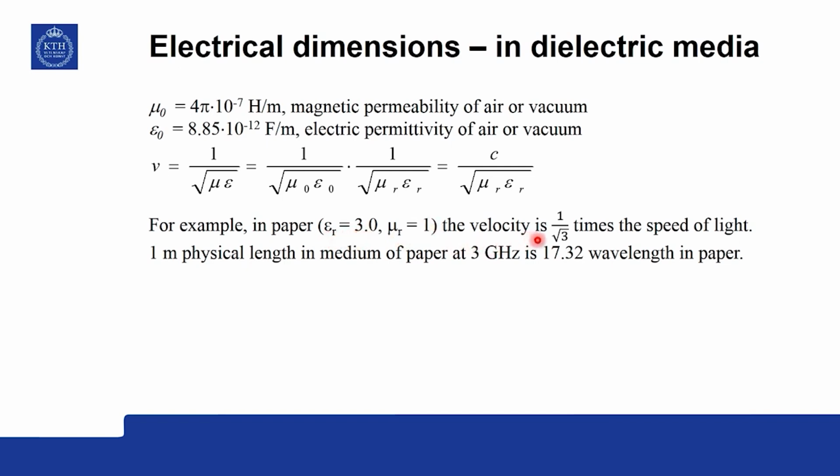So, the velocity is 1 by square root of 3 of the speed of light. So, 1 meter of physical length in the medium of paper is 17.32 wavelengths in paper, whereas it was 10 in air. So, depending upon the medium, electrical dimensions can change.